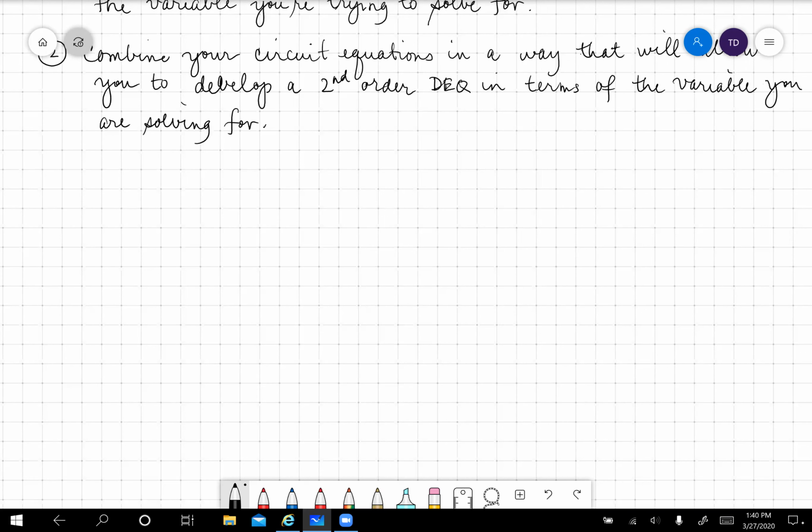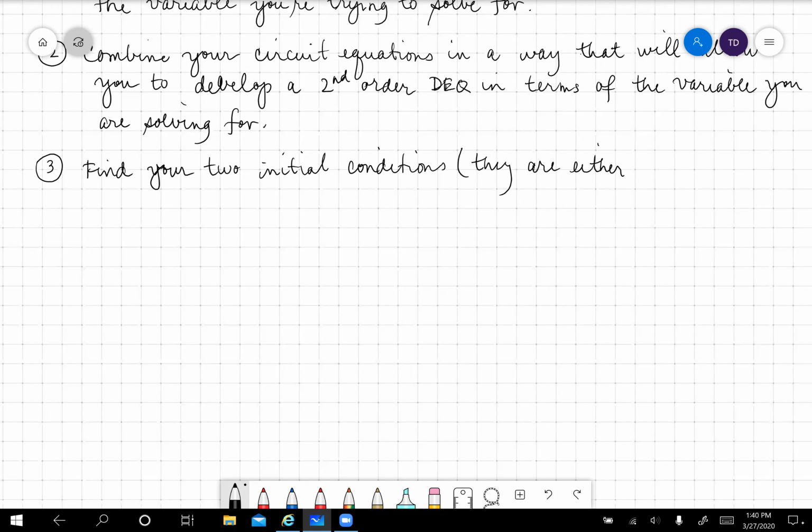All right. So then, once we've done that, as long as you're in circuits world, what you might want to do is find your two initial conditions. And hopefully they are either given or you can find them, or one of them, from your circuit equations that you wrote in step 1.